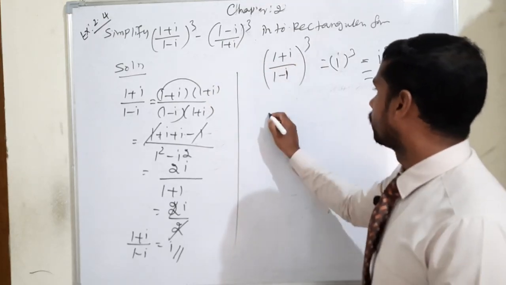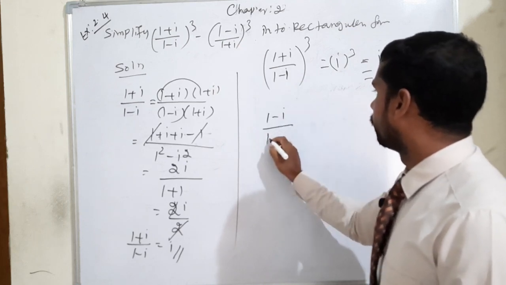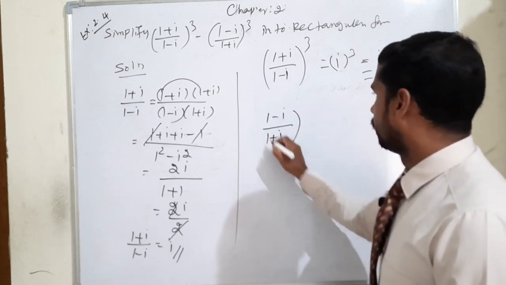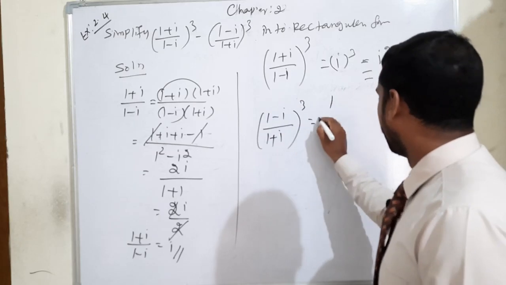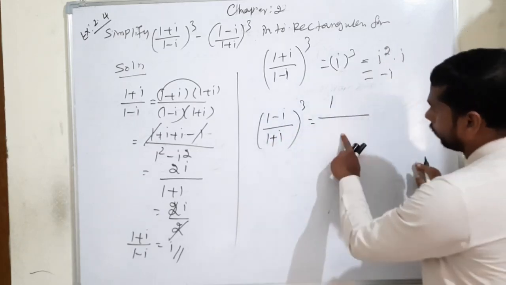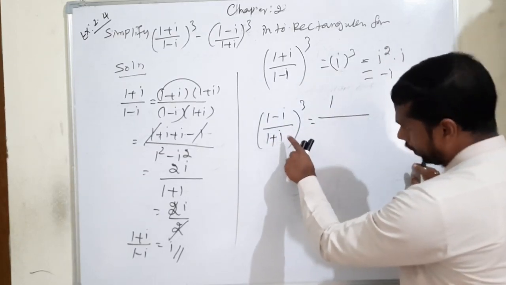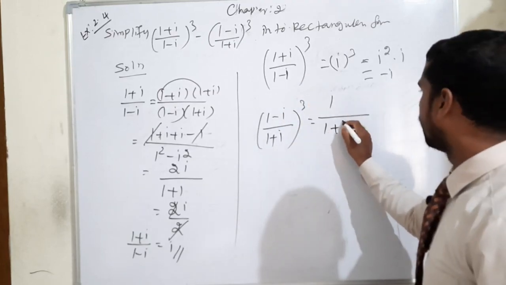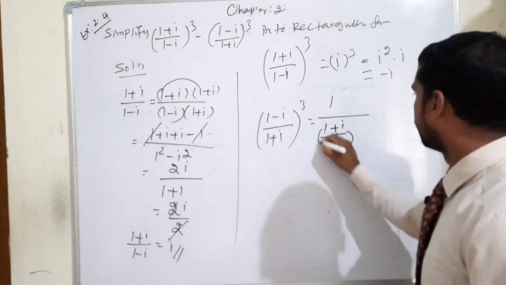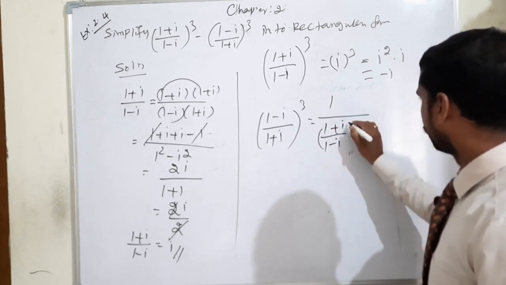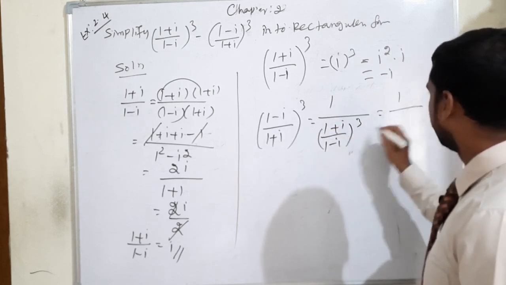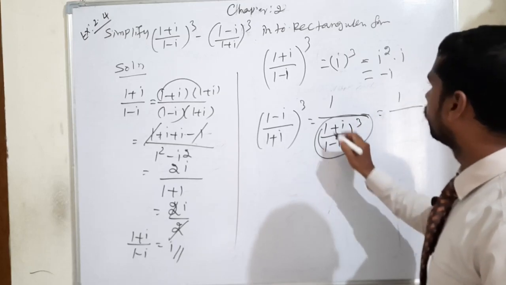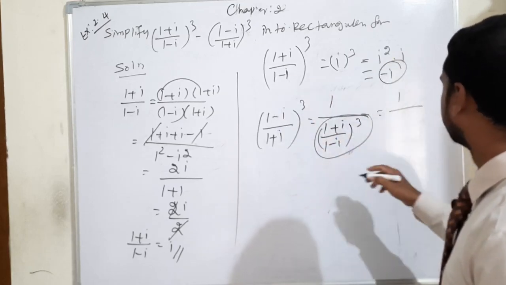Then the second part, (1 minus i divided by 1 plus i) the whole cube. What is the meaning? It is the reciprocal, no? 1 divided by it: the numerator goes down, the denominator goes up. So, (1 plus i divided by 1 minus i) the whole cube is equal to 1 by, and we already found 1 plus i divided by 1 minus i the whole cube means minus i.